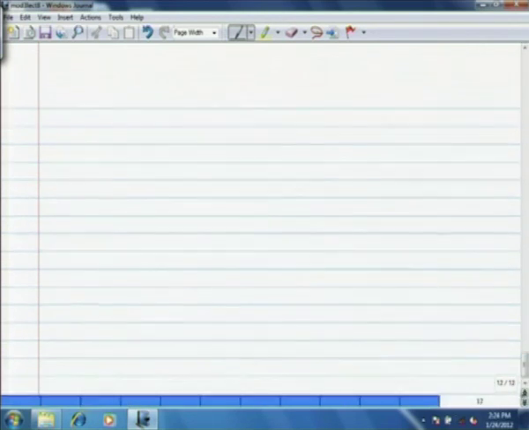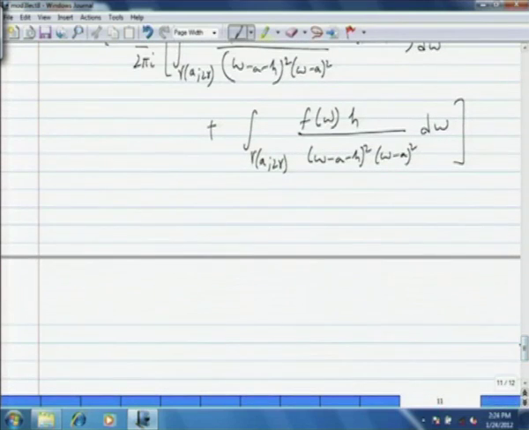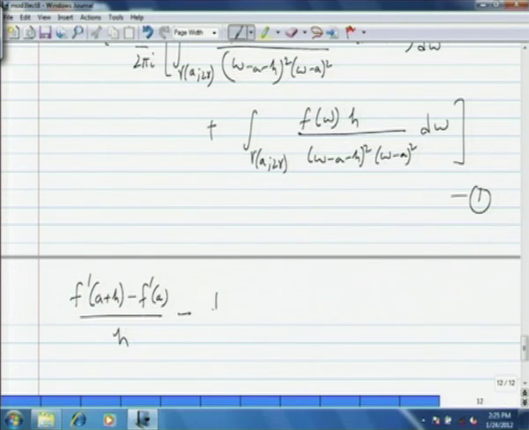Now we are estimating this quantity. Let us estimate f prime of A plus H minus f prime of A, divided by H. This expression is the one here, and then let us subtract 2 by 2 pi I times the integral over gamma A to R of f of w divided by w minus A cubed dw.